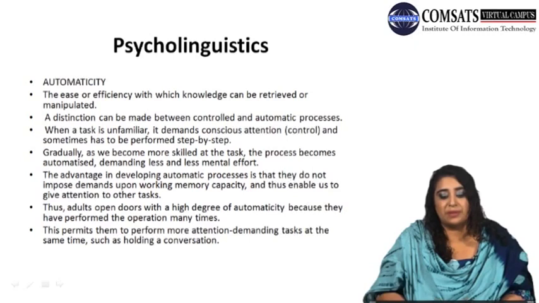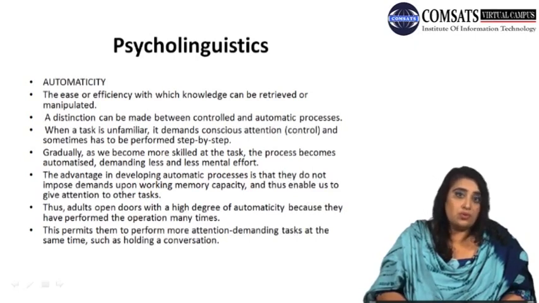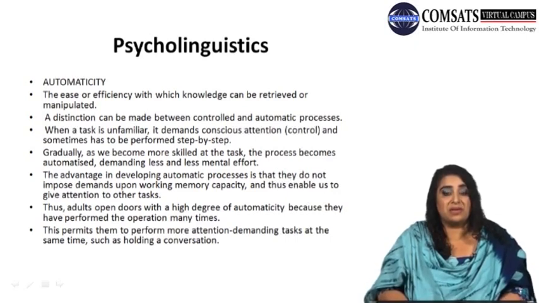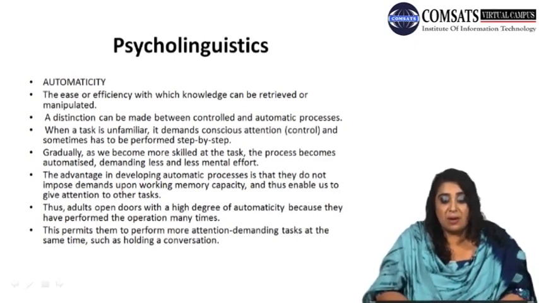So we would use less mental effort to comprehend a language or to produce it. The advantage in developing automatic processes is that they do not impose demands upon working memory capacity. So there is no demand on the working memory capacity. It doesn't say that you have to store this much in your working memory, and thus enables us to give attention to other tasks.